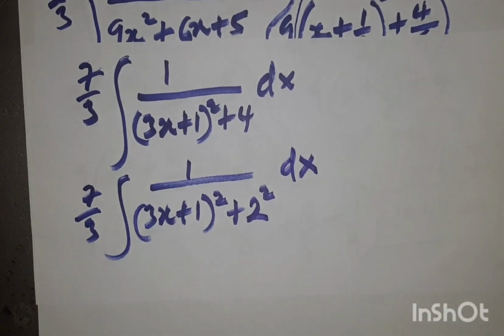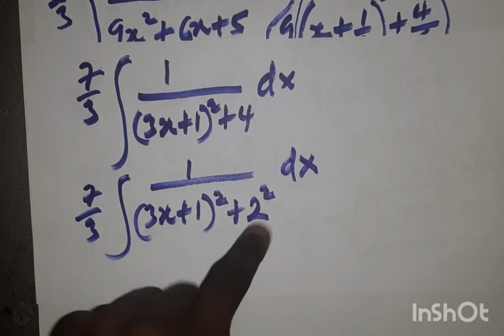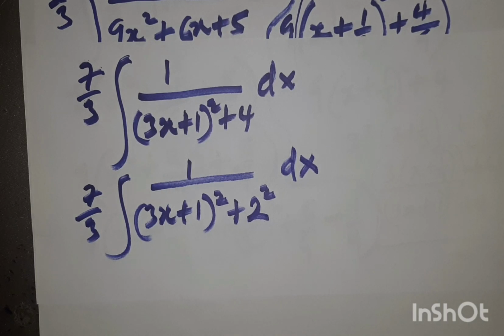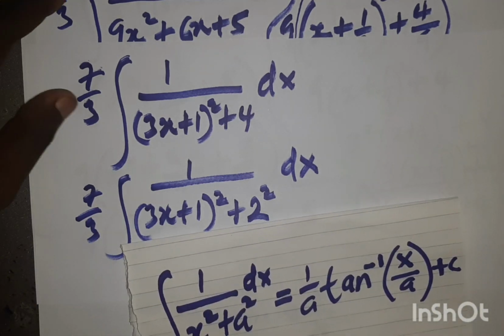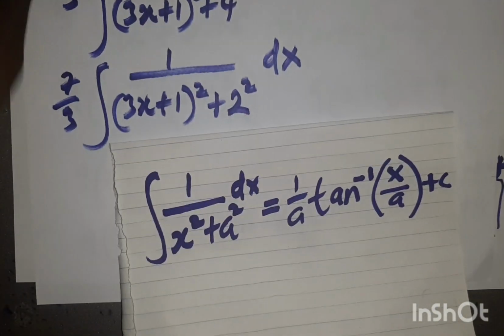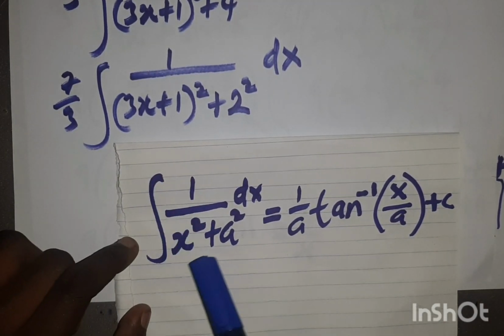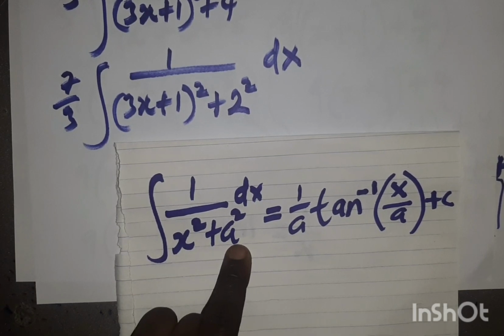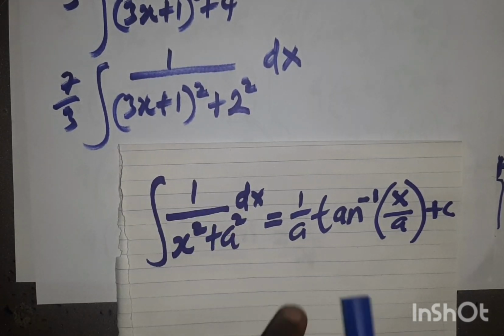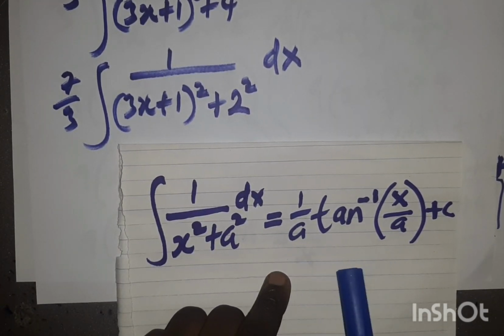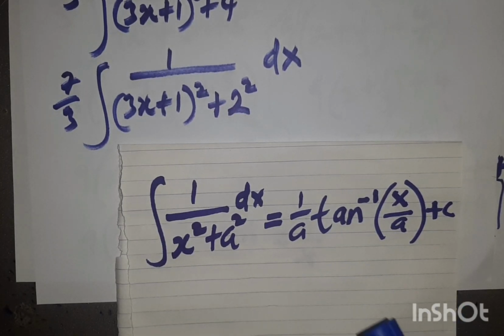So here I decided to write 4 as 2 raised to power 2 because I want to apply a trigonometric substitution here. From what we have, we know that for trig substitutions, whenever we have the integral of 1 over x squared plus a squared, the a being our constant, and here 2 is our constant, we can just apply a direct substitution here. So just apply this one here and we are good to go. So let's just apply this one.